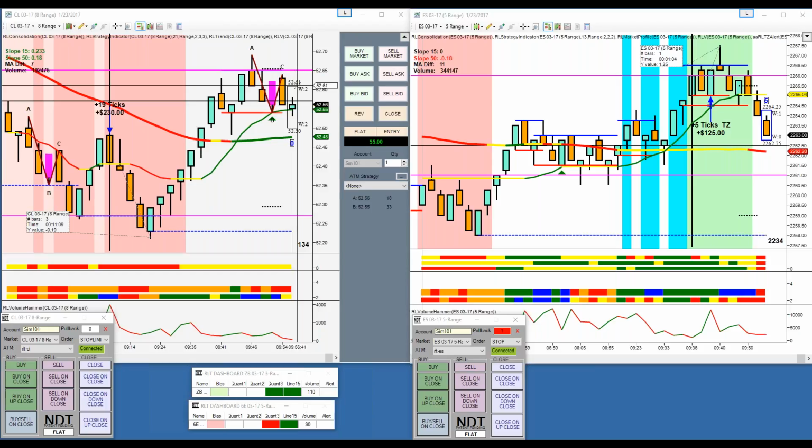I have triple quants on the E-mini, all red. Order flow and momentum red.